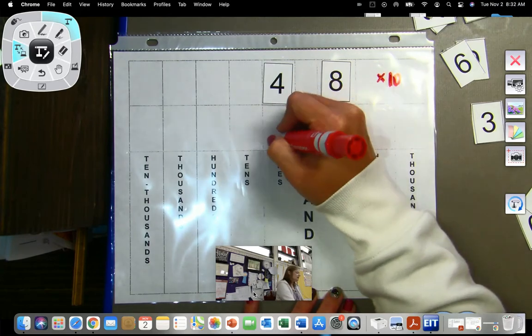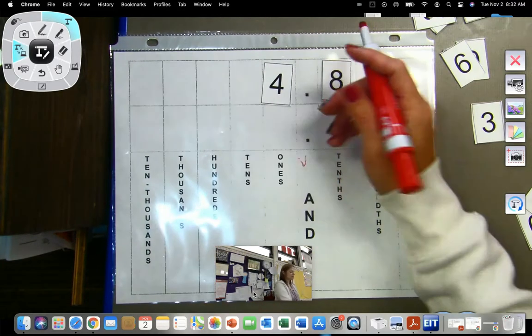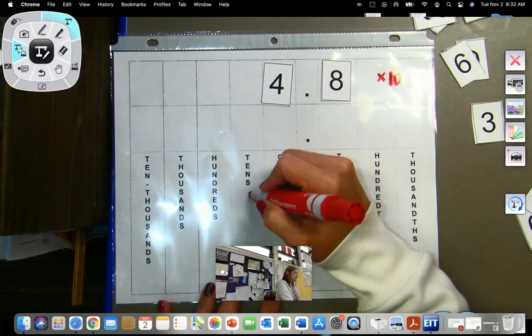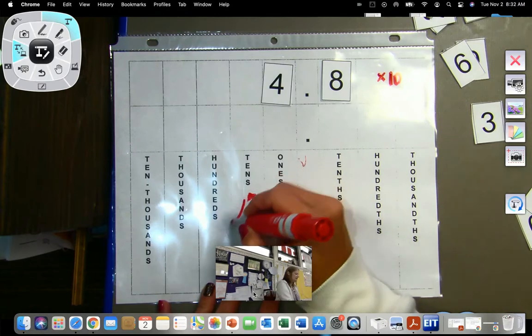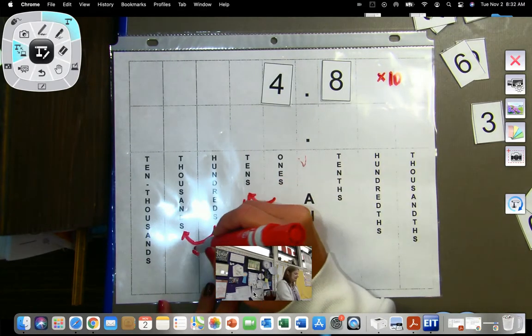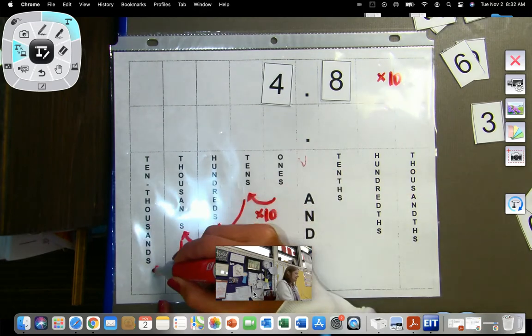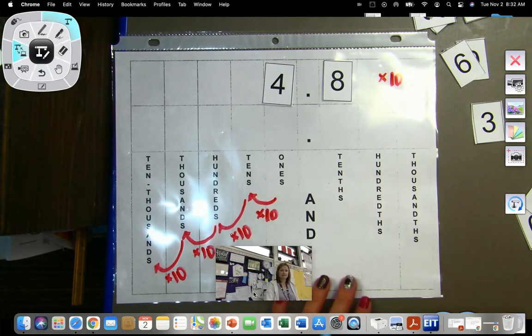So when we think about our relationships between these numbers, we know that as we move to the left, each place value spot gets 10 times bigger. From the tens to the hundreds, that gets 10 times bigger. Hundreds to thousands, 10 times bigger. Thousands to ten thousands, 10 times bigger. So we need to remember that relationship when we're multiplying by powers of 10, okay?